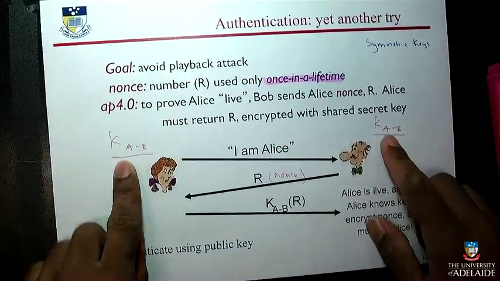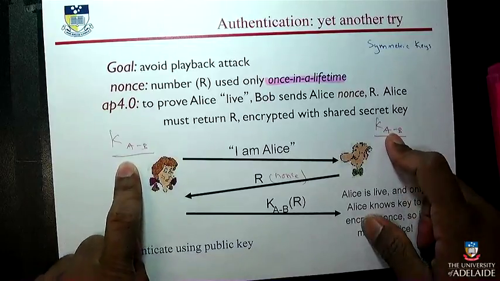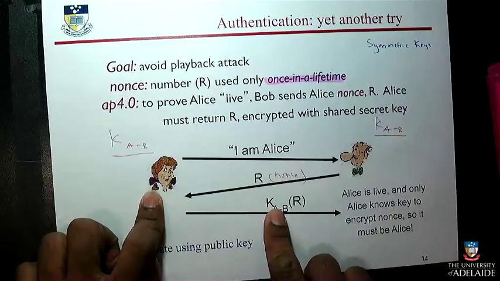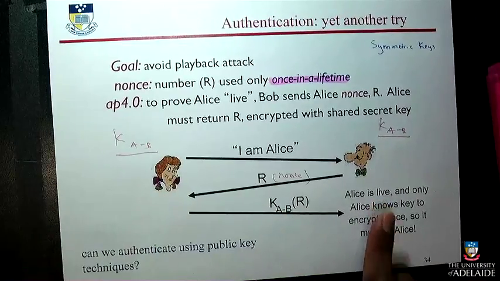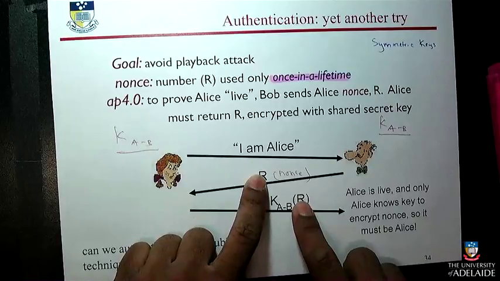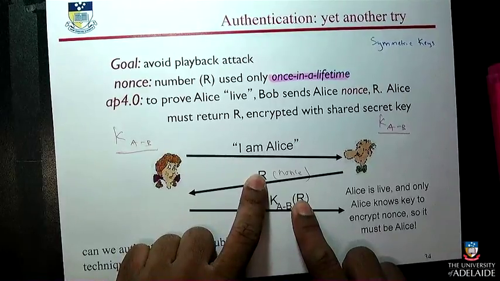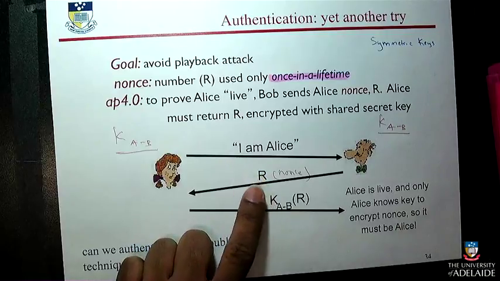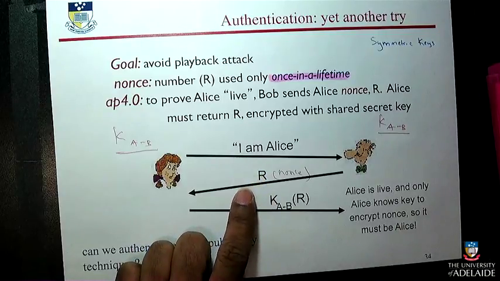Is this symmetric key or public key? Symmetric key, same key. Then Alice encrypts it and sends it back. Bob decrypts it and checks: is this the R I sent? If it is, you must be Alice, because only Alice would know the secret key.